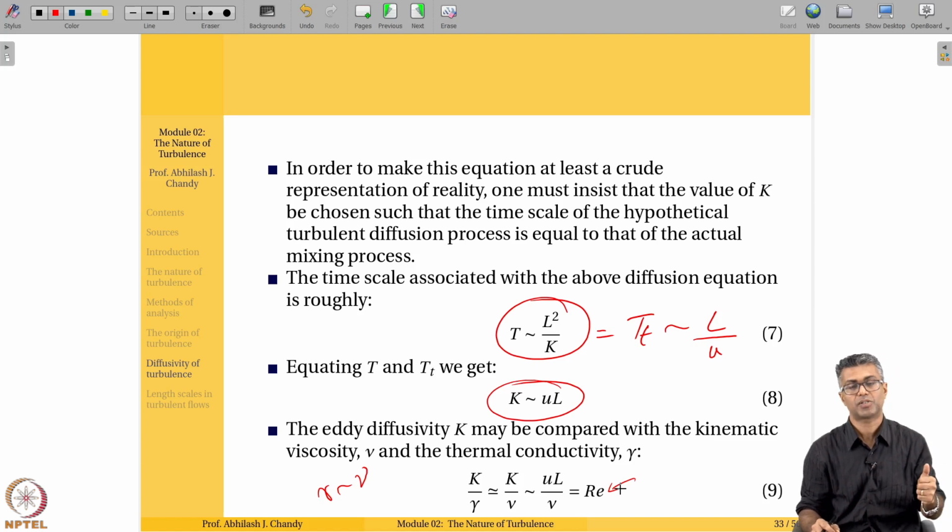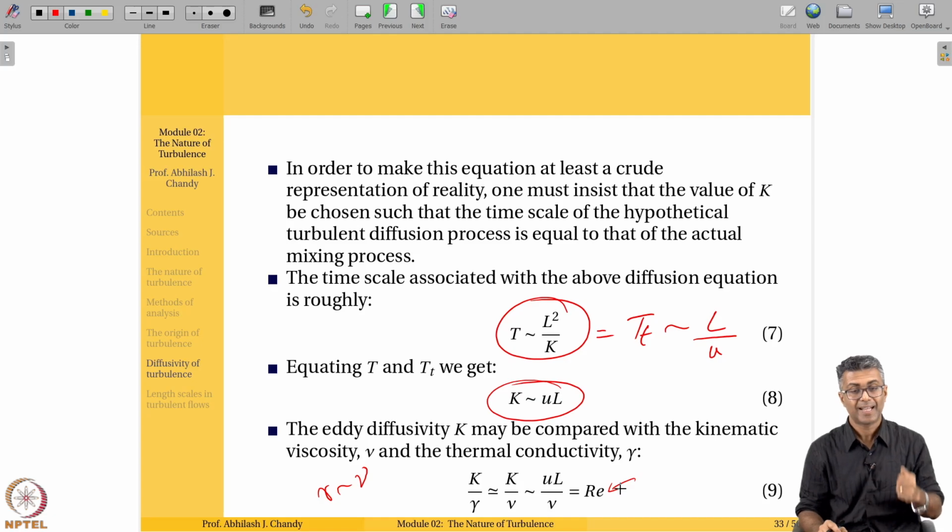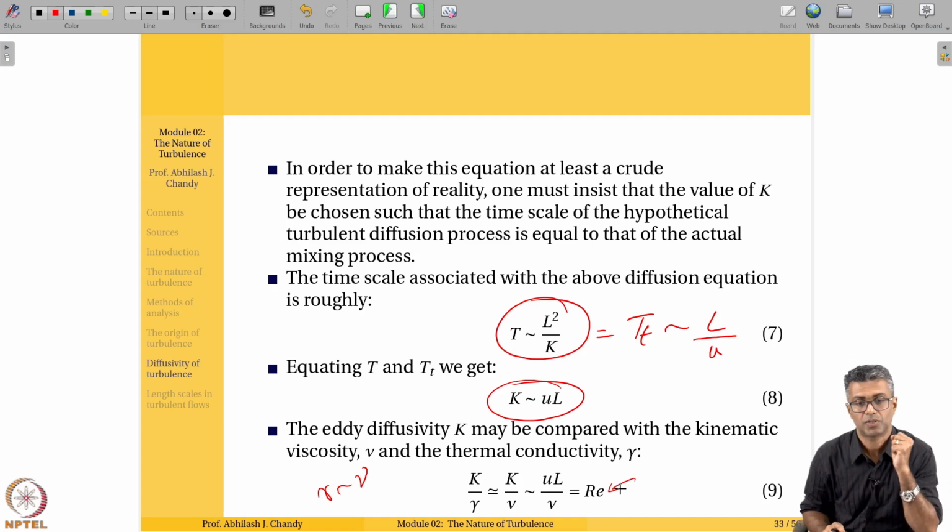So higher the Reynolds number, higher the turbulent flow, larger the intensity, and more effective the mixing is. So higher the effective viscosity is. That is your eddy diffusivity. Eddy diffusivity has to do with the effective diffusivity in a turbulent flow. K is your eddy diffusivity, and the ratio of the eddy diffusivity to the momentum diffusivity represents the Reynolds number. Order of magnitude.